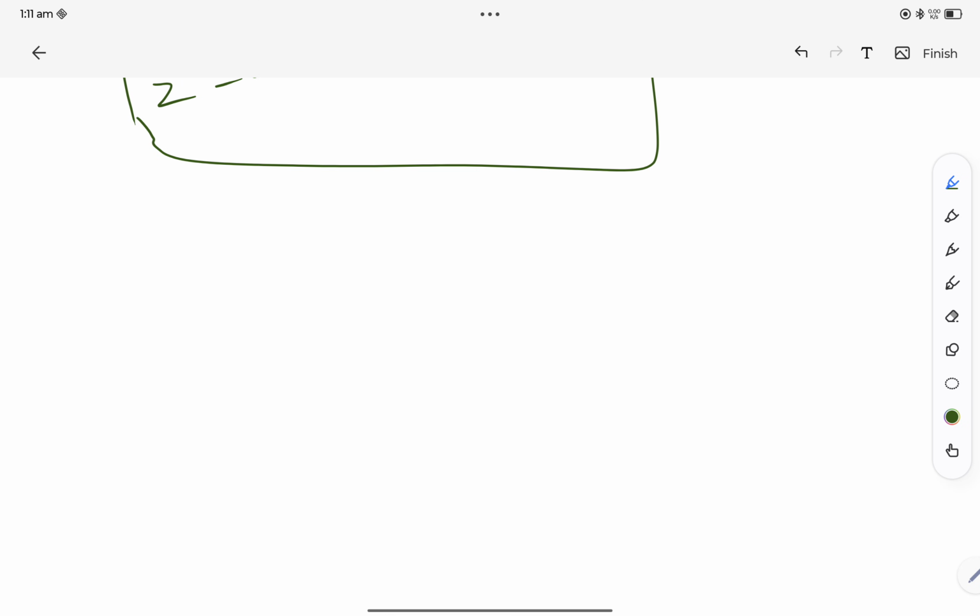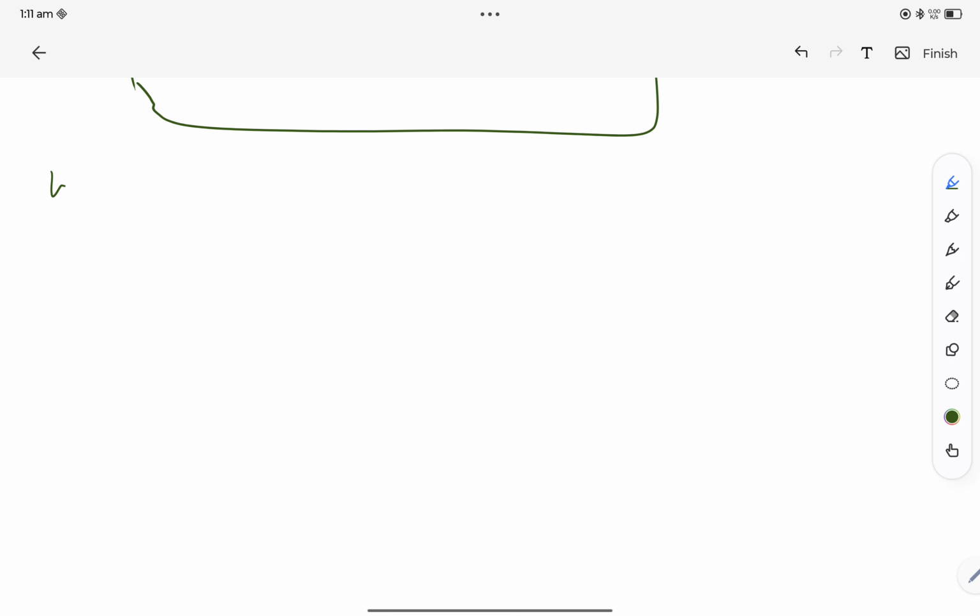Can we have one more question based on the same linear pair of angles? Let us take one more question, and this is the last question for this session. Suppose we have a straight line.